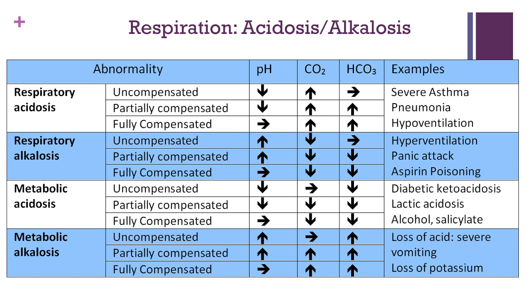We're not going to get as much into the metabolic origins here, but you've all heard of diabetic ketoacidosis and lactic acidosis, which are metabolic versions. For metabolic alkalosis, things like vomiting, where you're getting rid of additional acid, are going to send you into alkalosis. From a respiratory standpoint, respiratory acidosis is caused by things like asthma.